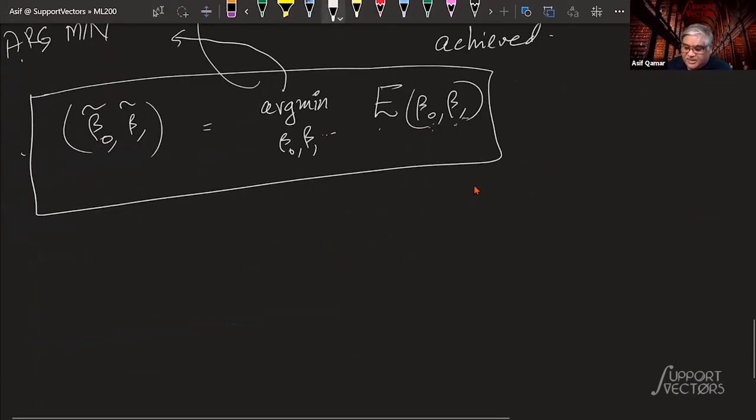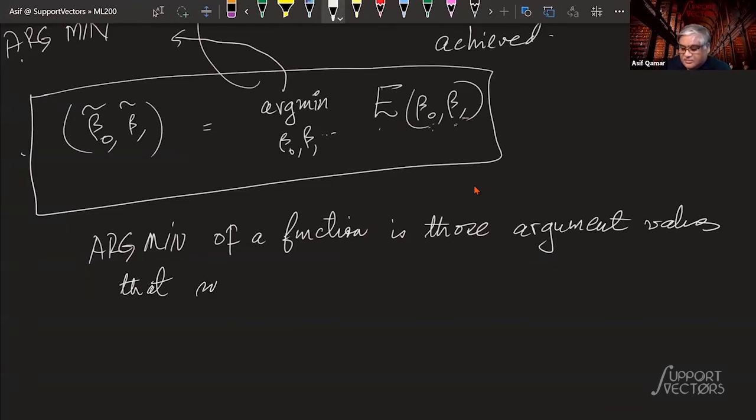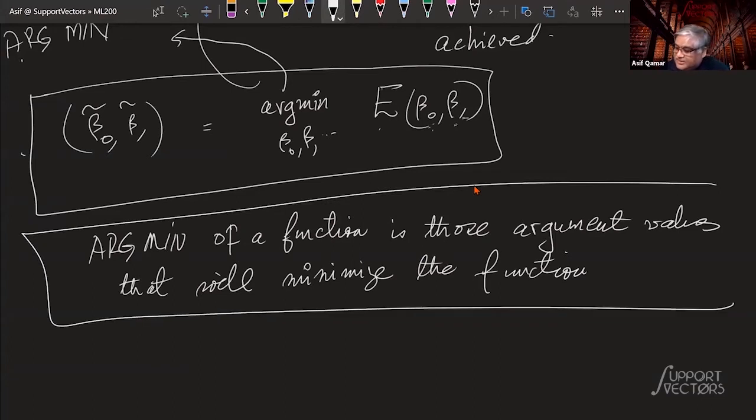The definition of argmin. Argmin of a function is those argument values that will minimize the function. This is the definition of argmin.